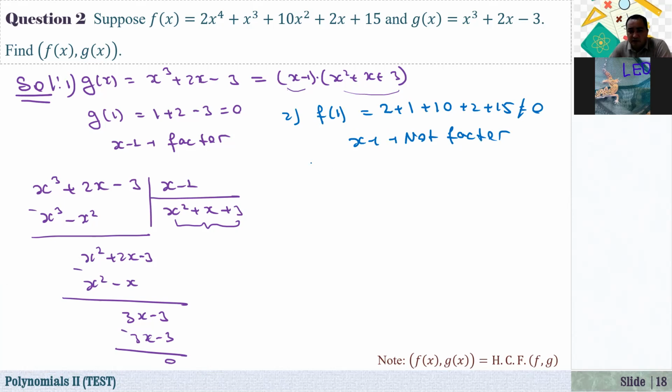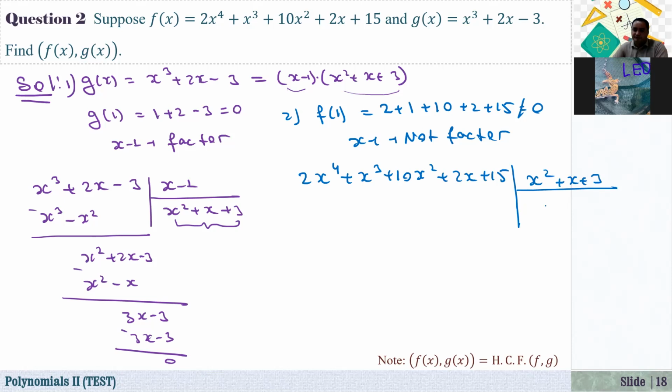To do this, let's use long division. Here we have 2x to the power of 4 plus x cubed plus 10x squared plus 2x plus 15, and we divide this by x squared plus x plus 3.